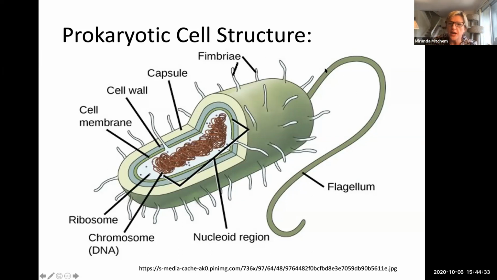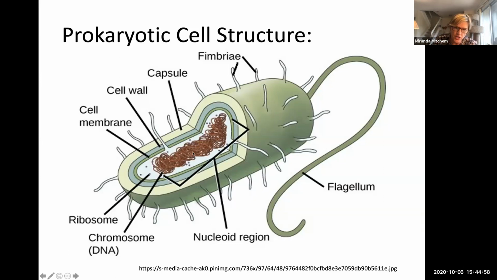So bacteria that live in watery environments have flagella. Those that, say, live on our skin have no need for a flagella, so they don't have them. But the fimbriae, I like to think of them like sticky structures. They help the bacteria or the prokaryotic cell stick to whatever it needs to support its life cycle.